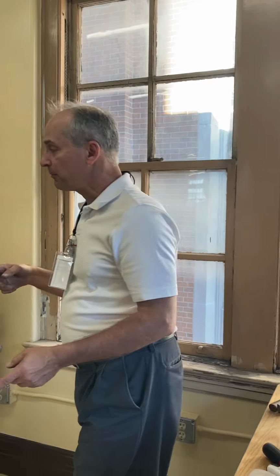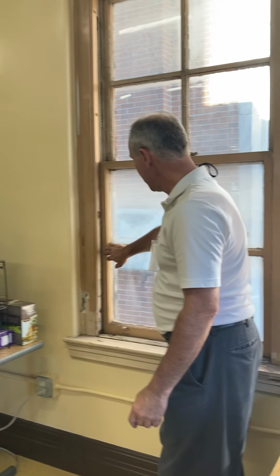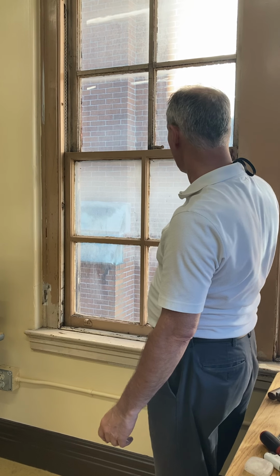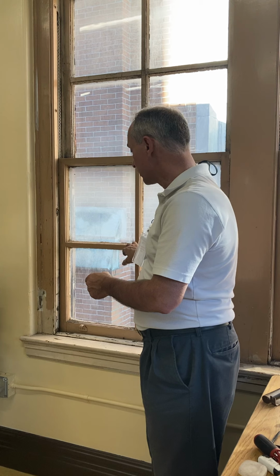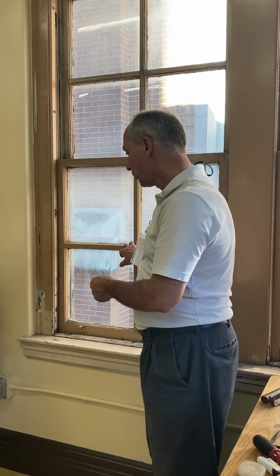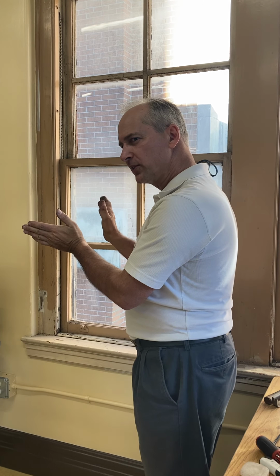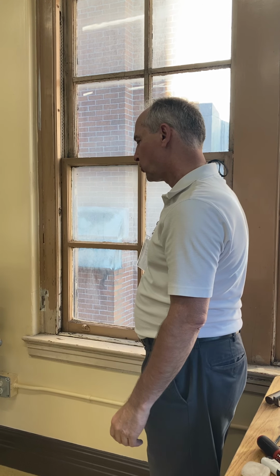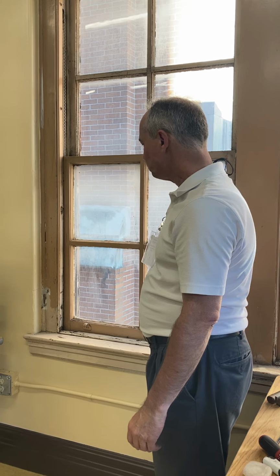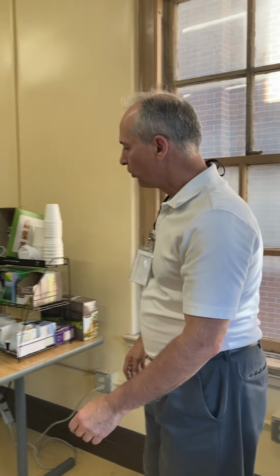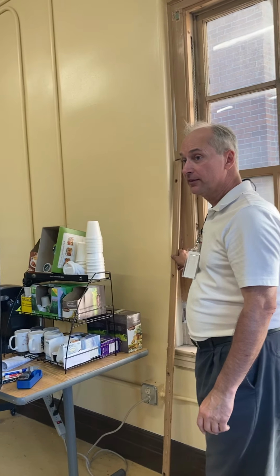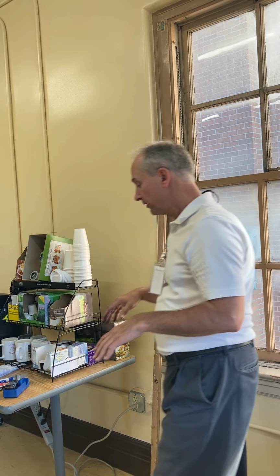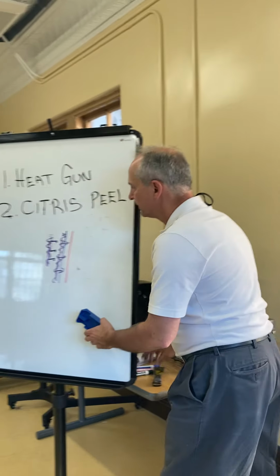With yours, I might offer that you could use the heat gun to do the outer part, the stile and the rail, and then those little mountains in between, they're very thin, aren't they? They're very thin, and they have glazing on both sides. What you can experiment with, because it's the only window you're doing, right? Two windows, okay.